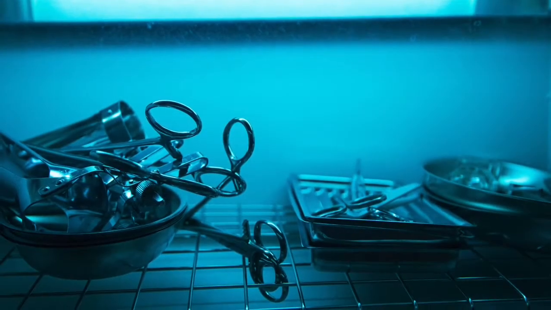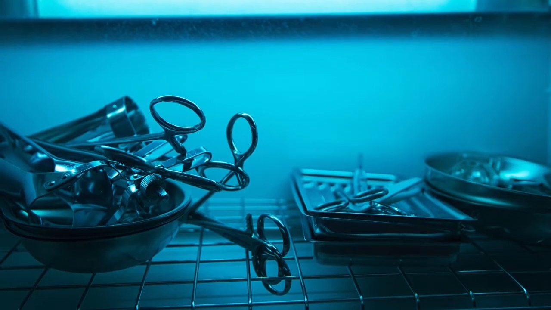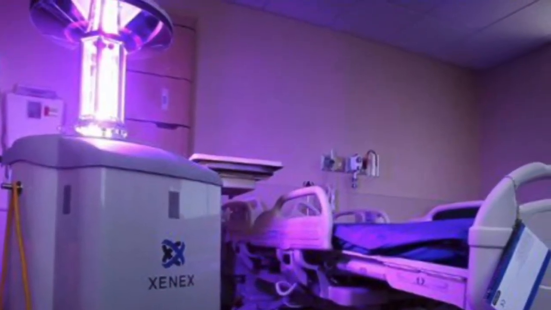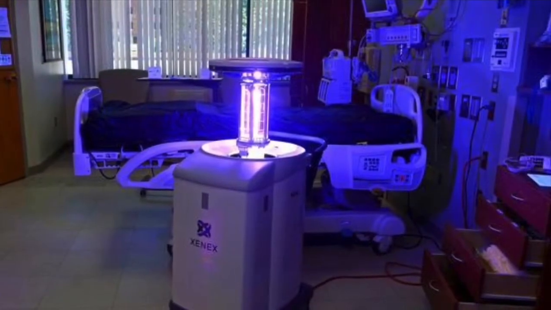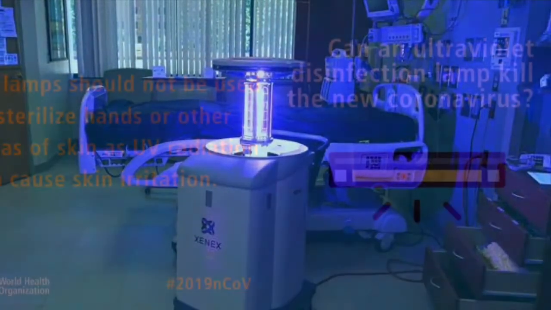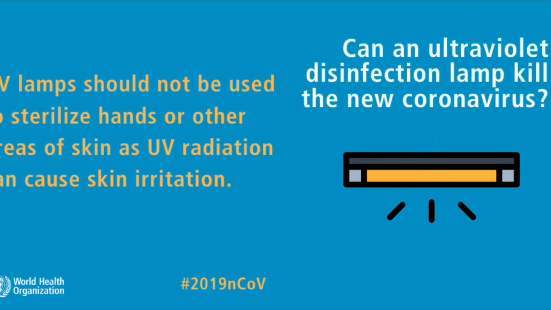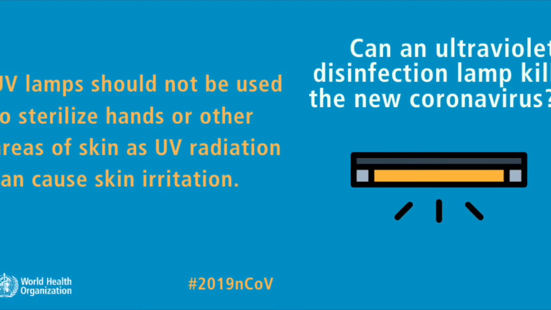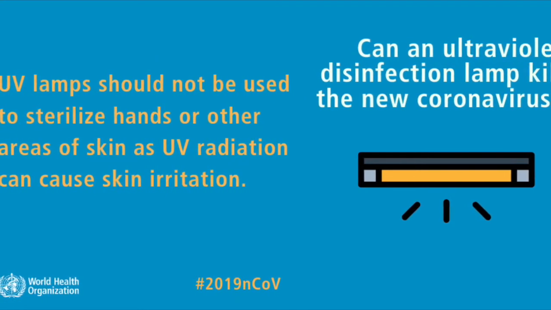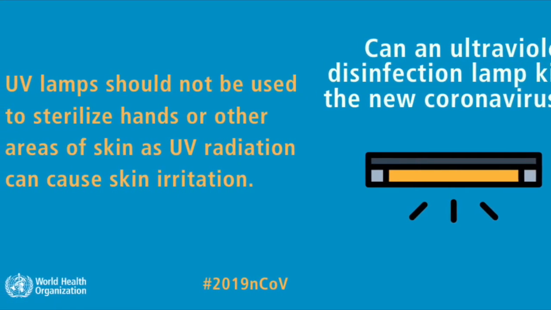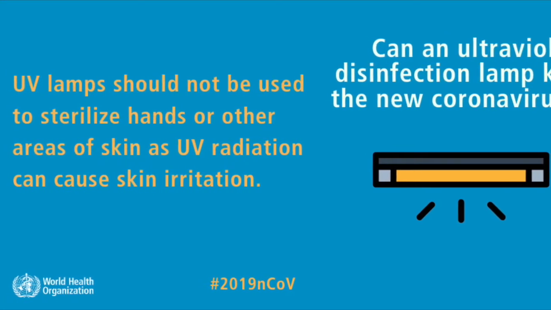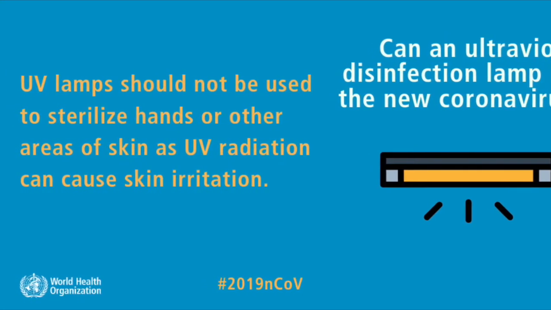Because the wavelength of UVC is the shortest, it's much stronger than normal sunlight and could cause a severe burn-like sunburn reaction to your skin, and can also cause damage to the retina of the eye. So these devices that are used to disinfect are not safe for humans to be exposed to.